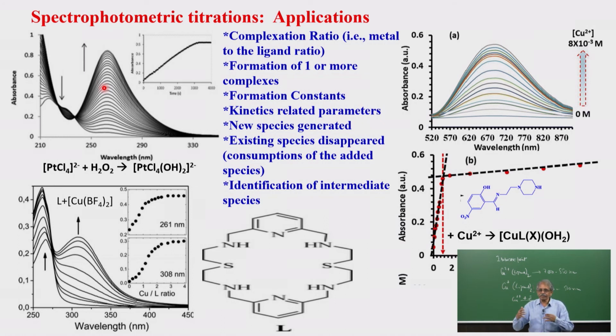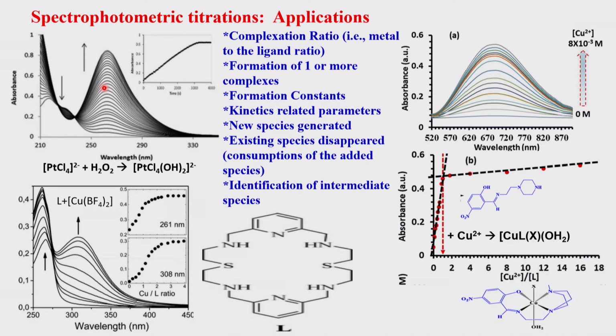Or if any protonation or deprotonation is necessary in the ligand, then we can get the pKa values. So we can get a variety of these things from spectrophotometric titrations by making some little variation in the parameters that you are measuring. One example is shown over here.